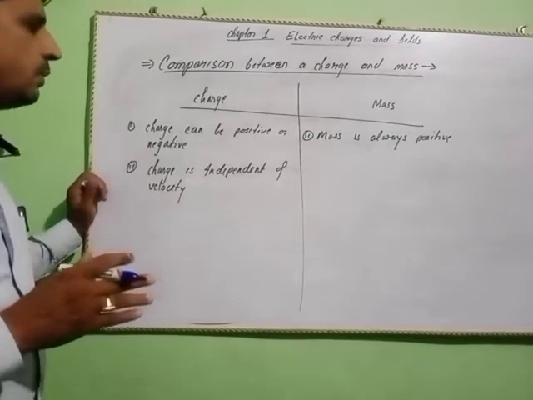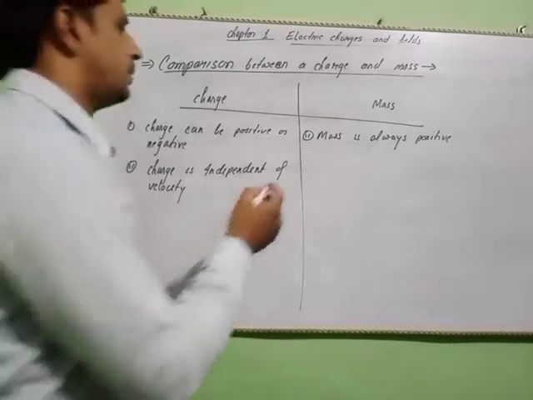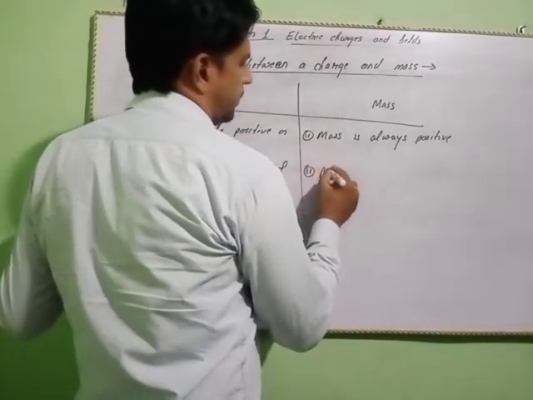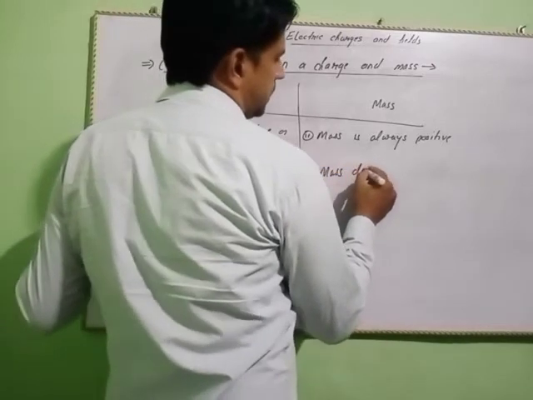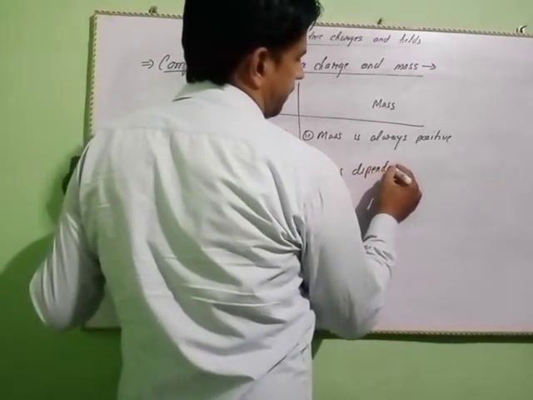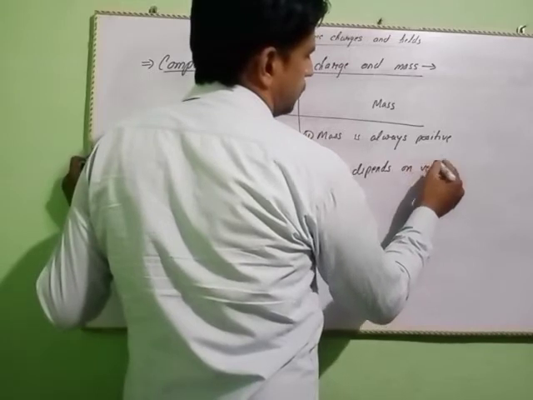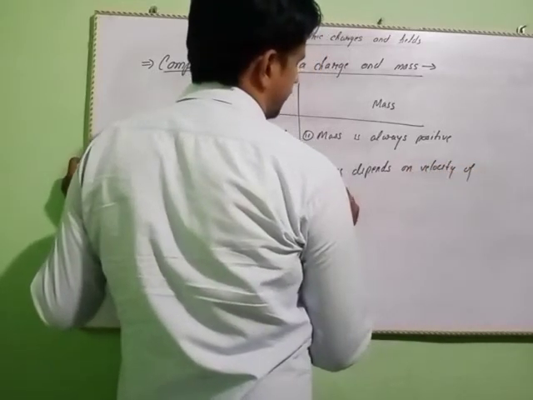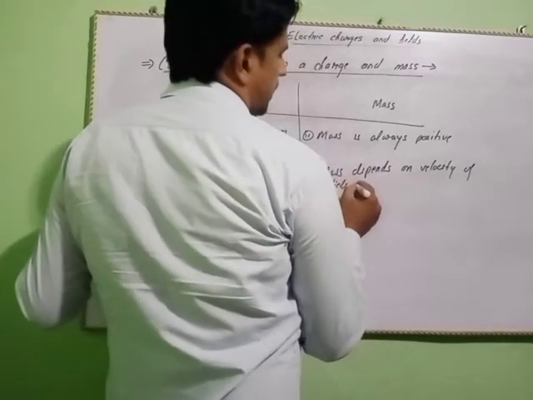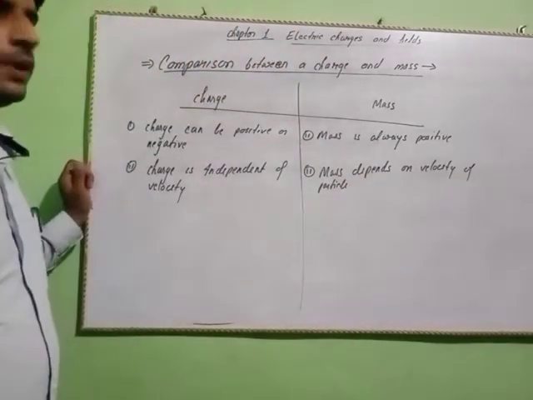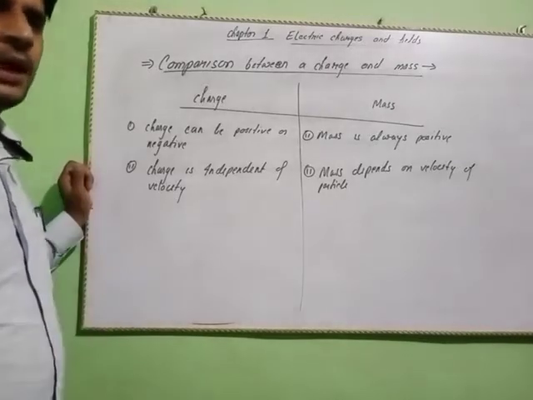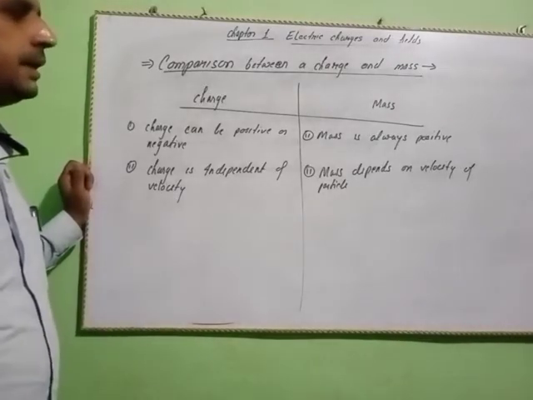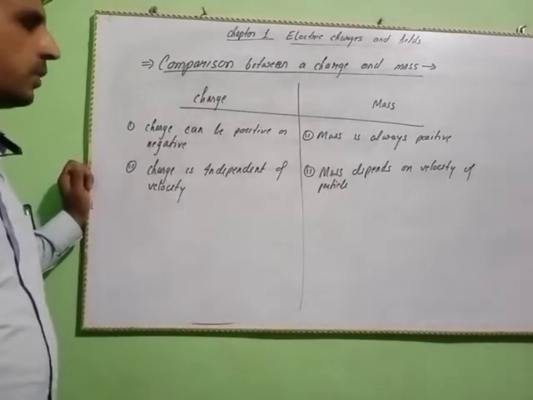It will not vary with the velocity of the charged particle, but mass depends on the velocity of the particle. This is known as mass dilation. When the particle moves at very high velocity, the mass is dilated, meaning it varies from the original value.